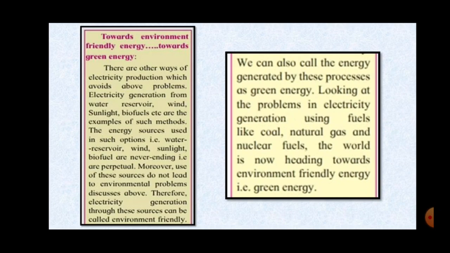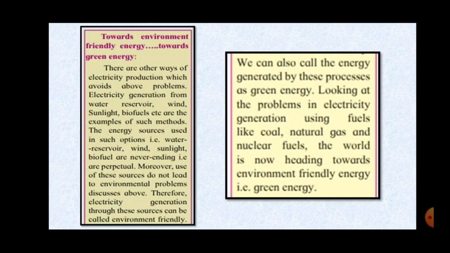Now what is green energy? Green energy is eco-friendly energy, or green energy is that which does not lead to the pollution of environment. So this is called eco-friendly energy or environment friendly energy or the green energy.